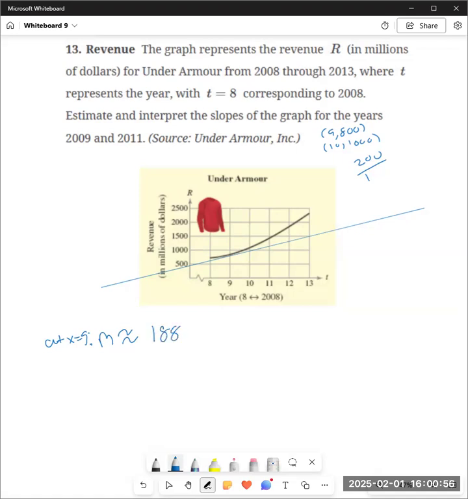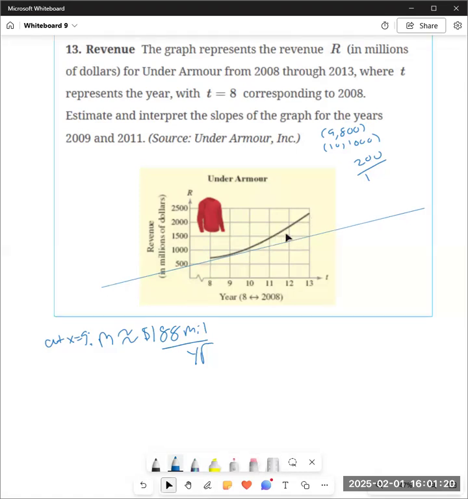And again, that's millions of dollars per year. So I said it's about 200, and it doesn't let you just get close with that with WebAssign for some reason. You have to get really accurate. So zoom in as far as you can. Try and find somewhere where it crosses exactly.